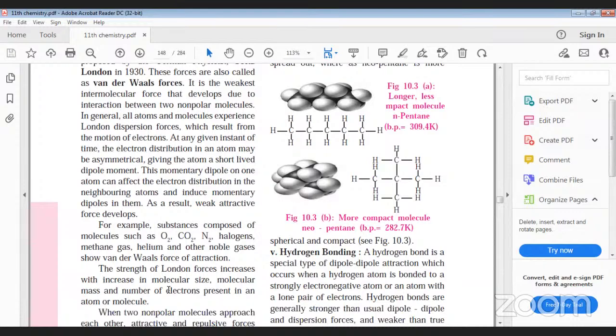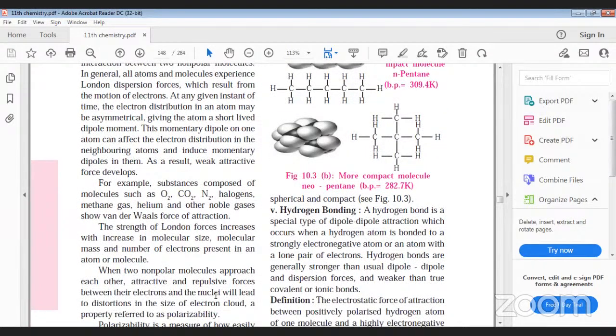If the size of the molecule increases, the London force increases, meaning they have stronger dispersion forces or polarizability. So it depends upon three things: molecular size, molecular mass, and the number of electrons present in the atom or molecule.